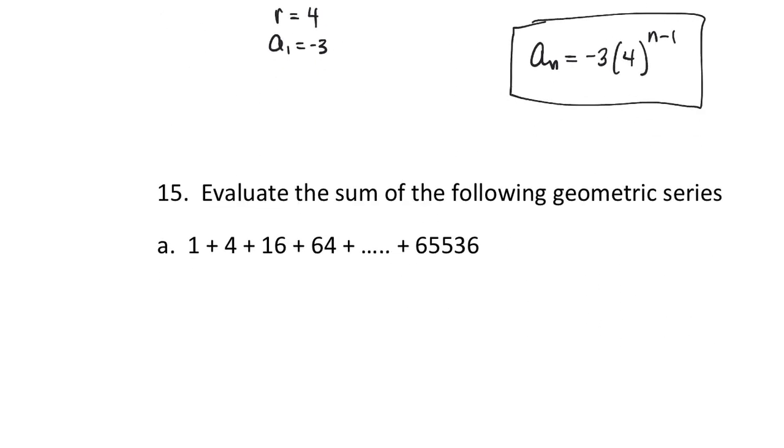Now 15, evaluate the sum of the following geometric series. So this is a partial sum because it has a beginning value and an ending value. So we need to use the partial sum formula for a geometric series.